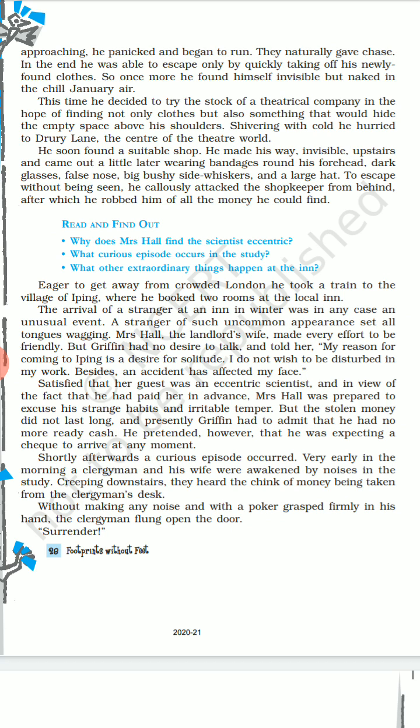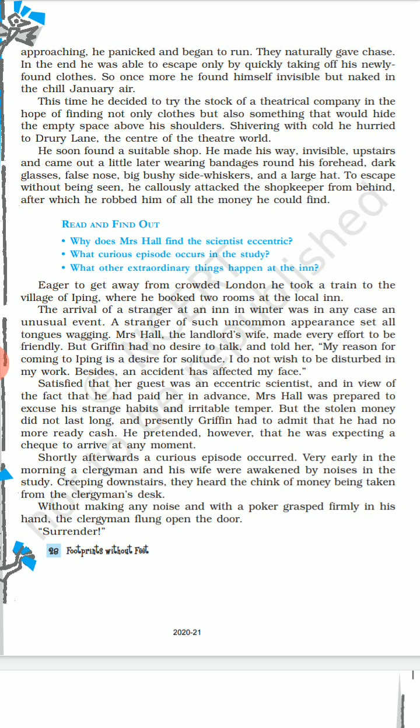So he went to that street, Land, and got inside the center of the theater world. He decided to try the props of that theatrical company, which were used by the actors, in order to cover up and hide himself. So shivering with cold, he hurried there.